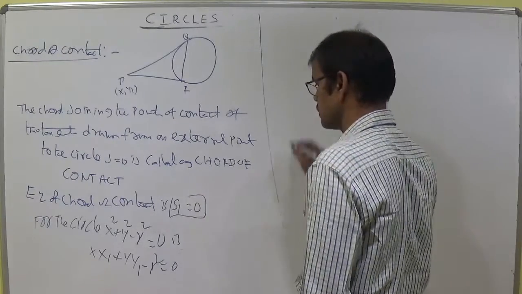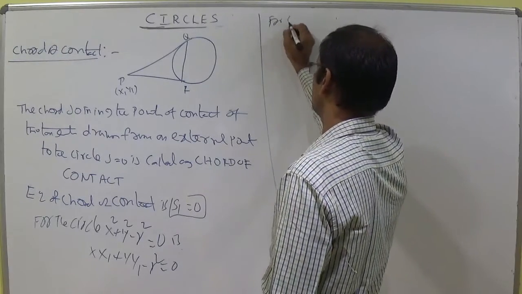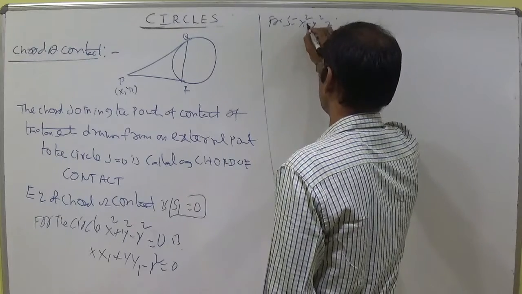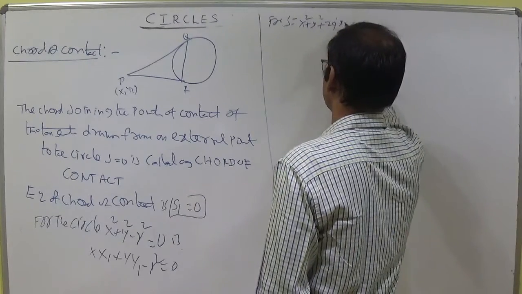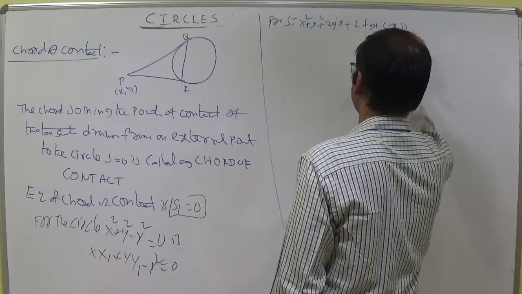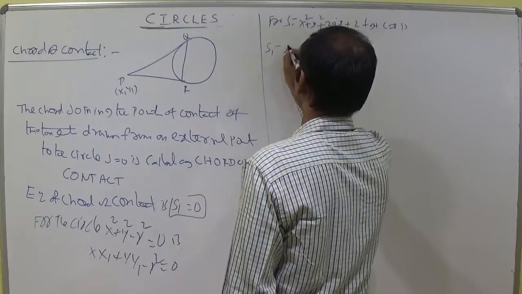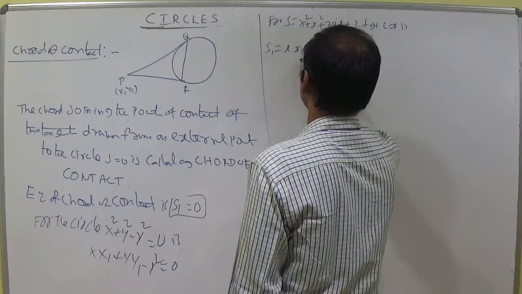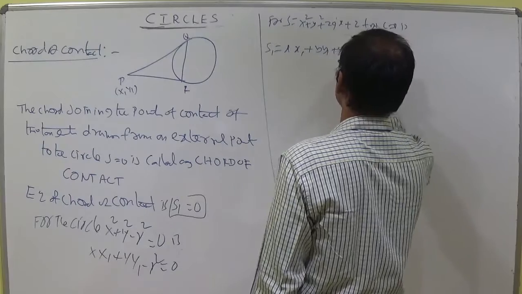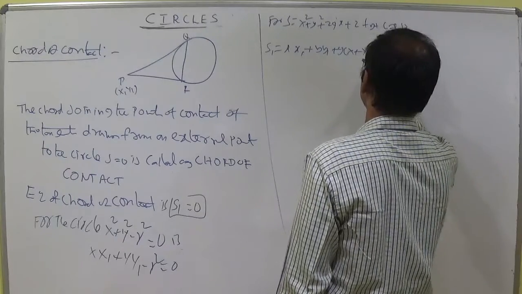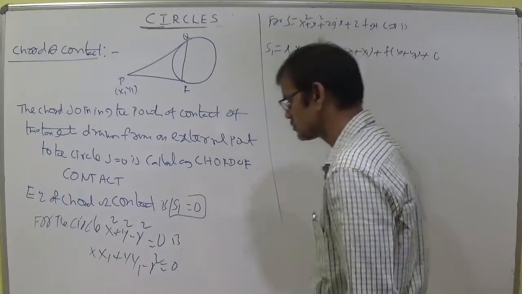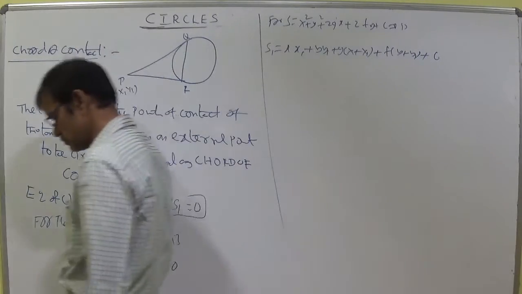And for the circle S equal to x square plus y square plus 2gx plus 2fy plus c equal to 0, the S1 notation is xx1 plus yy1 plus g into x plus x1 plus f into y plus y1 plus c equal to 0.